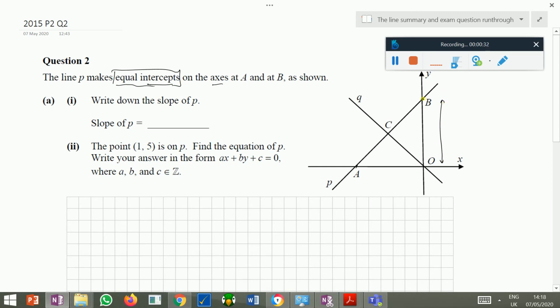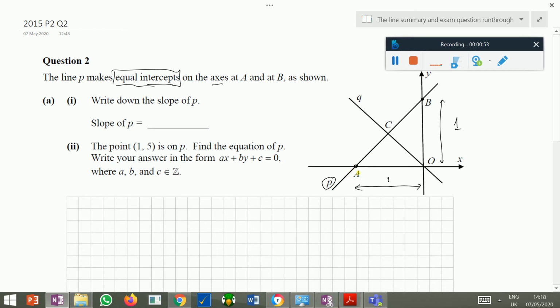Now, equal intercepts means that the distance from here to here, we're going to call it, let's say, 1 unit, is equal to the distance from here to here, 1 unit. We don't know what it is, but we're calling it 1 unit. We're going to write down the slope of this line P. Now, there are two ways of getting the slope.